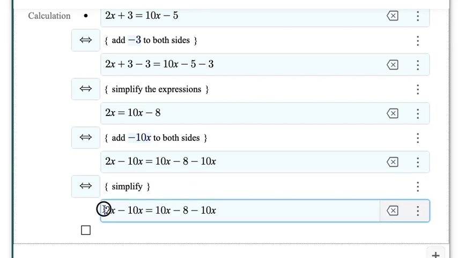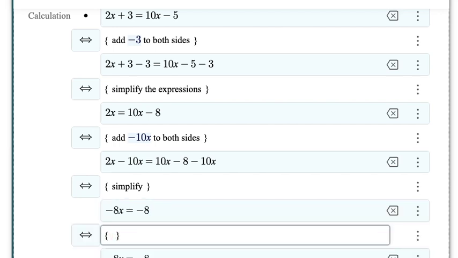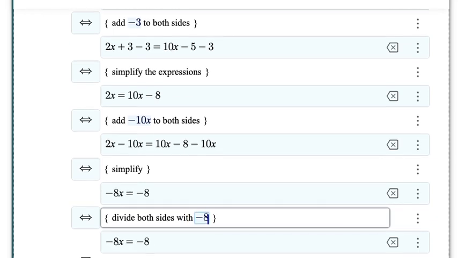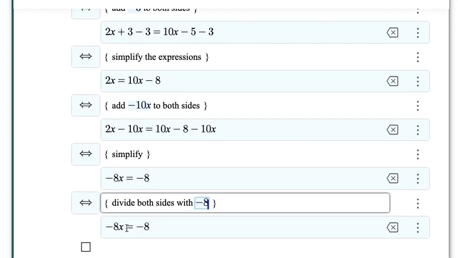and we see that on the left hand side we get minus 8x, and on the right hand side we get minus 8. Next we divide both sides with minus 8.